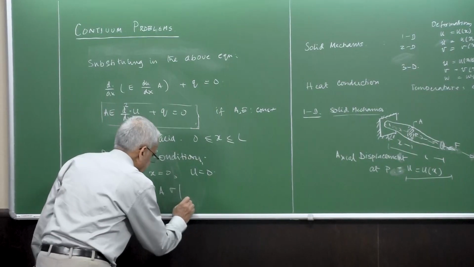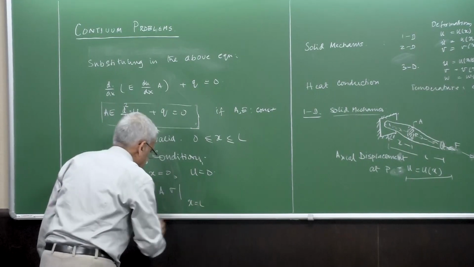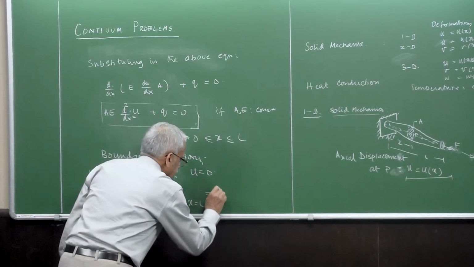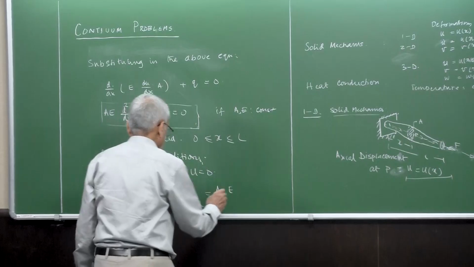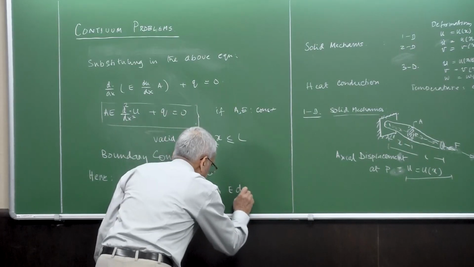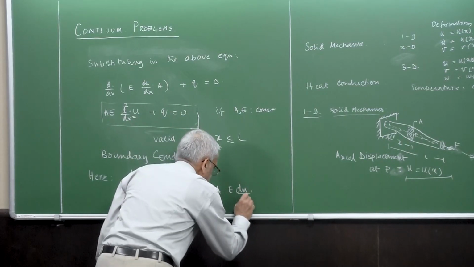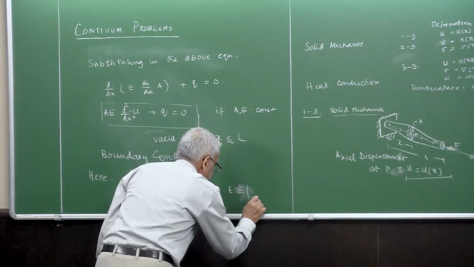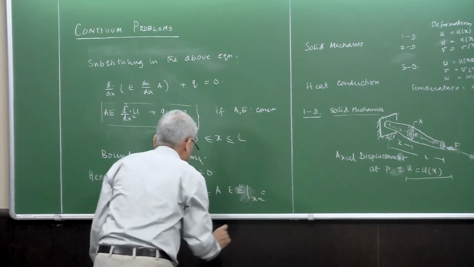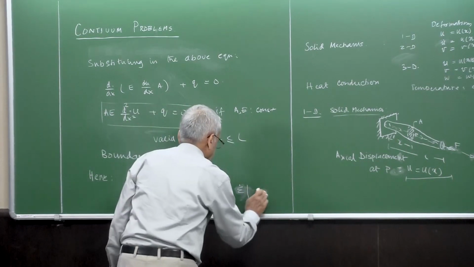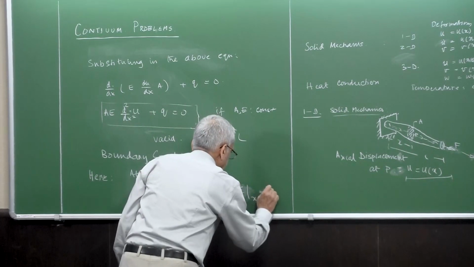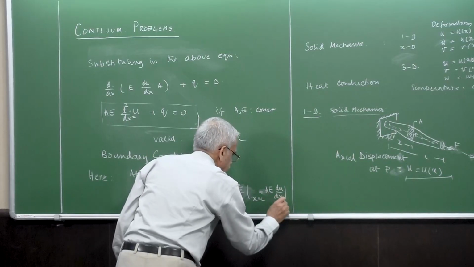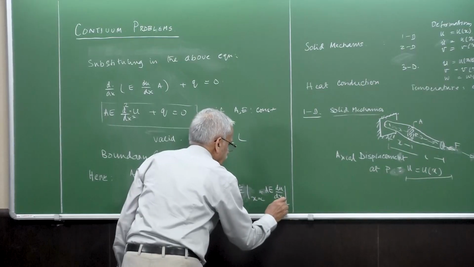This is the stress at x is equal to L. We can also write sigma as E times epsilon at x is equal to L, which we can write as AE du by dx at x is equal to L.